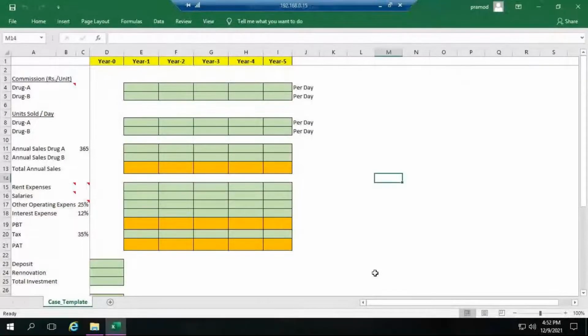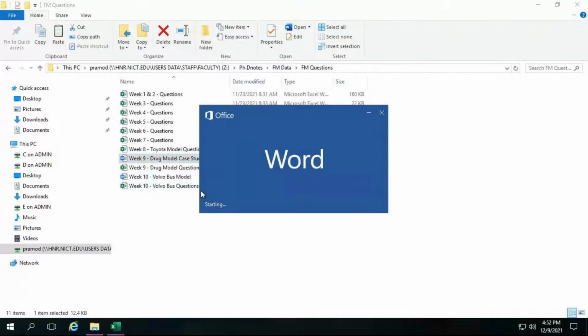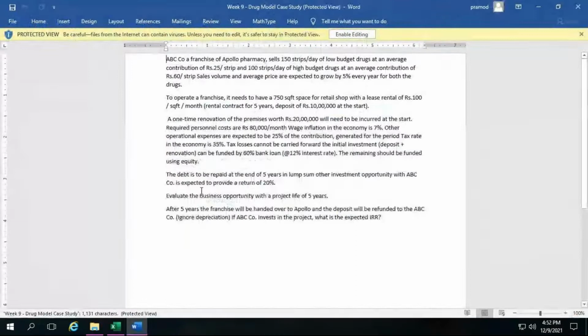In the last class, we have done this drug model. Our exams will be on Tuesday only, sir. Yes, 100%. Okay, sir.